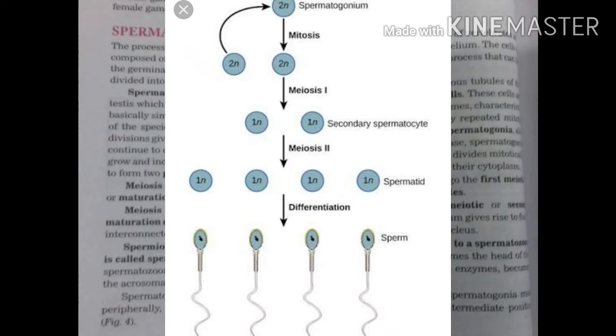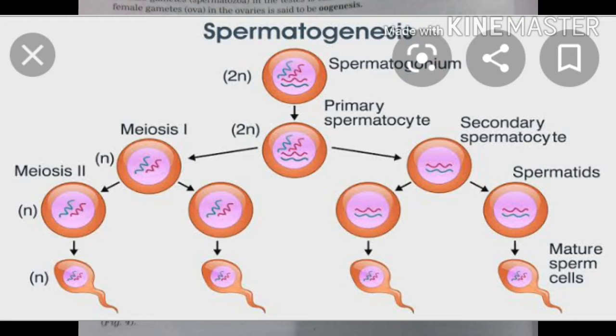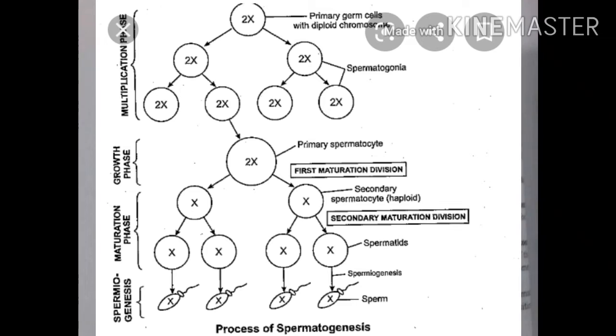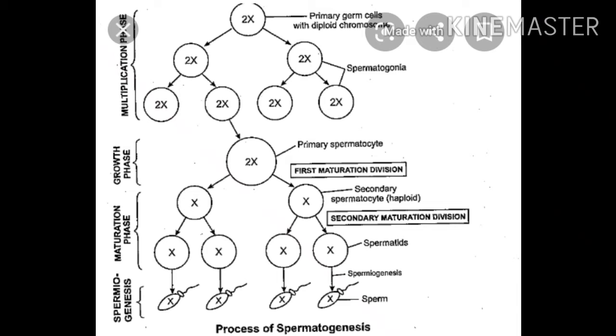I am repeating. Spermatocytogenesis. The cells of the germinal epithelium of the seminiferous tubule of the testes which enter the process of spermatogenesis are called primary germ cells. These cells are basically similar to any other body cell in having a diploid number of chromosomes characteristic of the species.